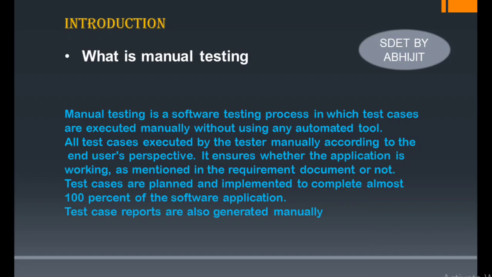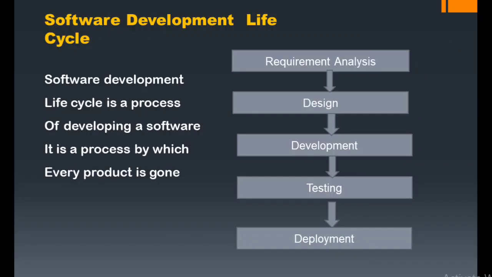Before learning how to do testing, we need to learn how software is actually developed. Everything that is made is made according to a process. There is also a process to develop software, which is known as the software development life cycle.